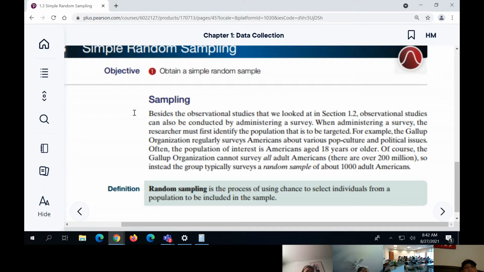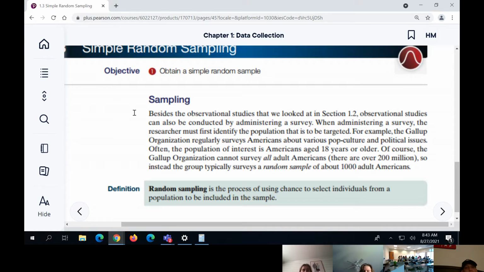Let's say that I pass out to each one of you a yellow Post-it note and a black Sharpie marker, and each one of you writes your name with the black Sharpie marker, folds it in half, and puts it in a bowl or a hat.